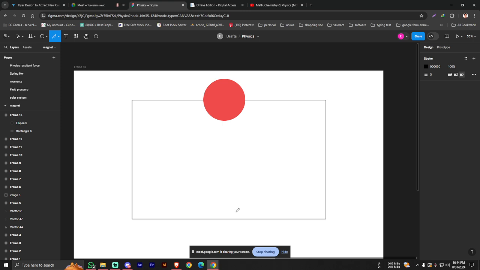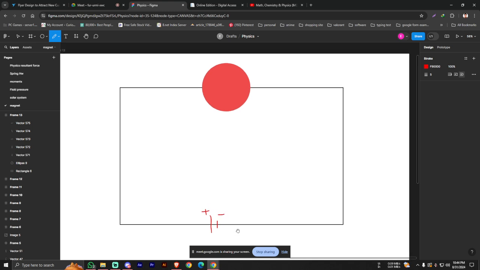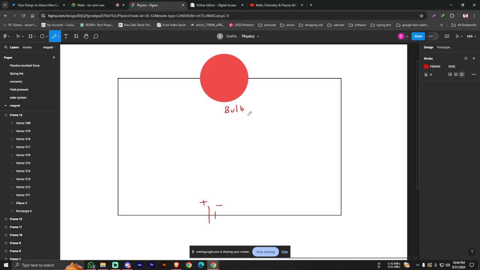So draw the battery. Suppose here is the battery, positive, negative. Now suppose this is a bulb in the circuit.